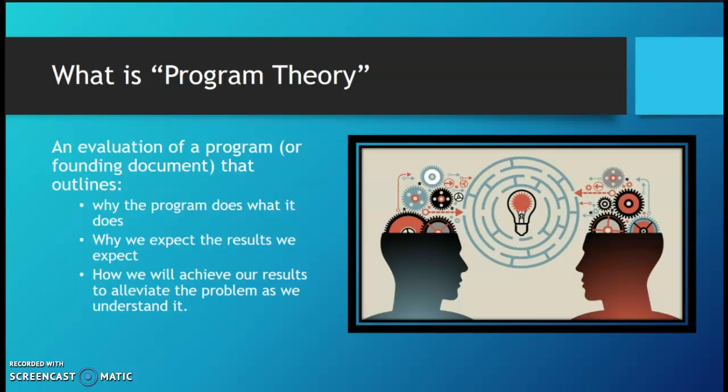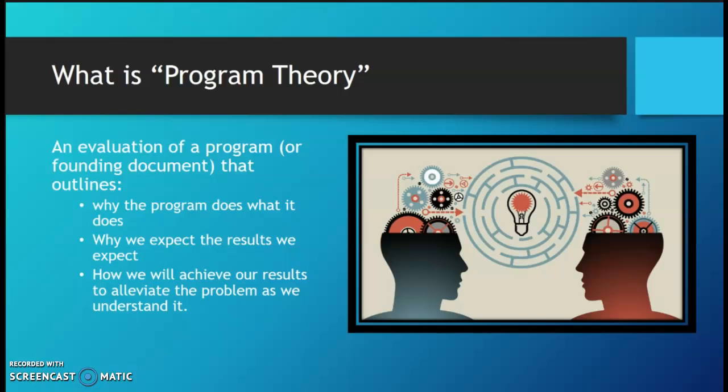And so really what the program theory is, is all of the written expectations, all of the non-written expectations, all of the values, the beliefs, sort of the stuff that lives in the heads of the designers, all of the things that make our program what it is, okay?